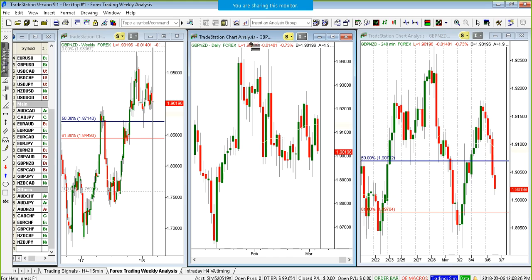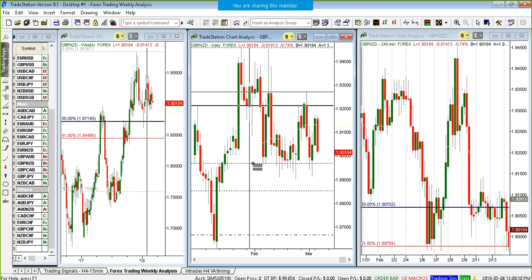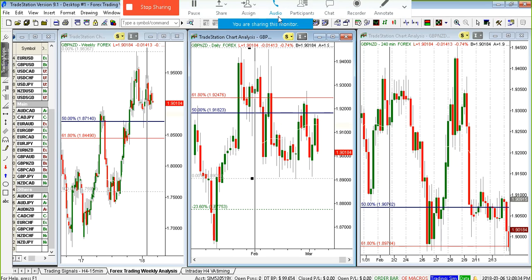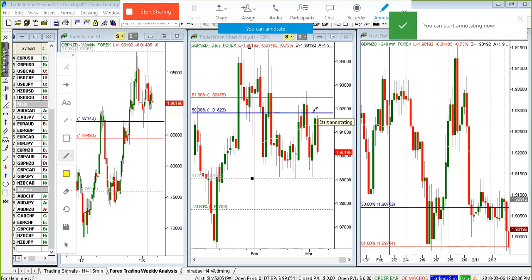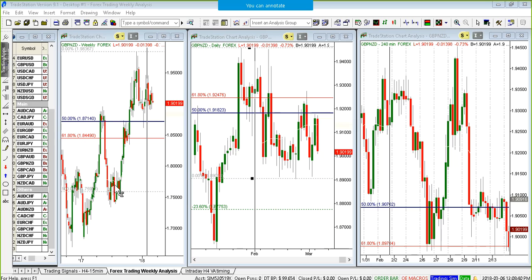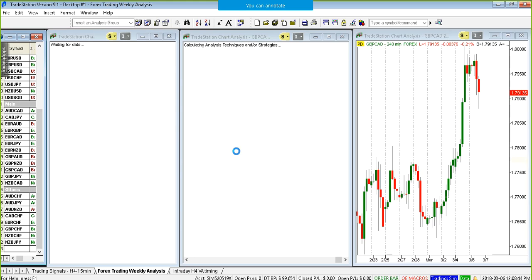The bulls failed, the bears here failed, and we could make the case that it's the first time that the bears now are holding this level, which would support the scenario of a continuation lower.